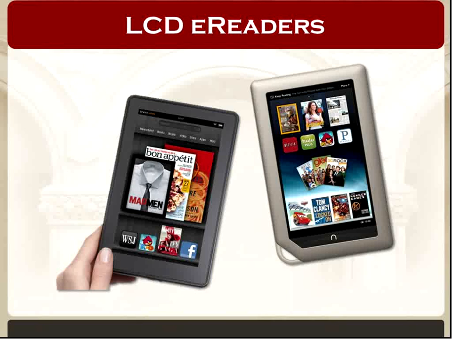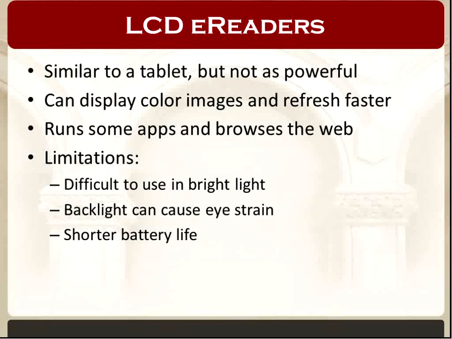By comparison, there are now several varieties of LCD e-readers. These are really sort of mini tablets. Here at the left, this is the Kindle Fire, and on the right is the Nook Color. There are, of course, more out there, but these are the two most common. And these LCD e-readers are similar to a tablet like an iPad or a Samsung, but they're not as powerful.